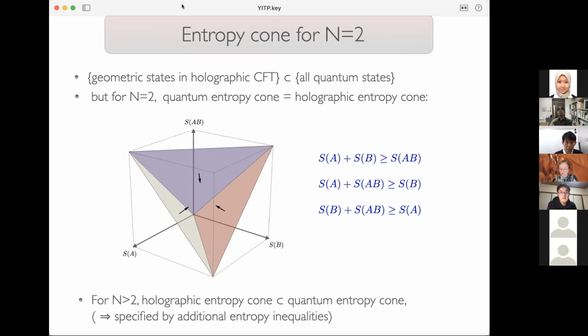It's only composed of this subadditivity and its cousins that are obtained from it by symmetry, by purifications, where you imagine that you can deal with this composite system as just another subsystem, and you can then treat all of these on equal footing. Okay, so there are 3 of these hyperplanes, these facets, which consist of the subadditivity and the Araki-Lieb inequalities, and that's it. That specifies the entire quantum entropy cone and the holographic entropy cone for 2 parties.